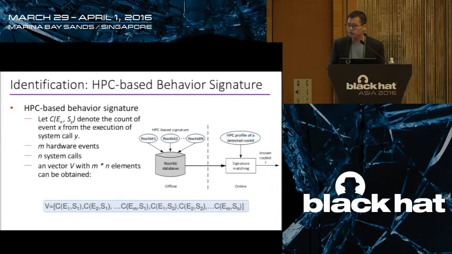To identify which rootkit, we create what we call an HPC-based behavior signature. The notations are similar. We have EX, which means the event, and SY is the syscall. For a particular event and syscall pair, we have a counter value.